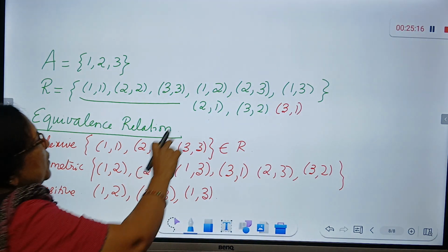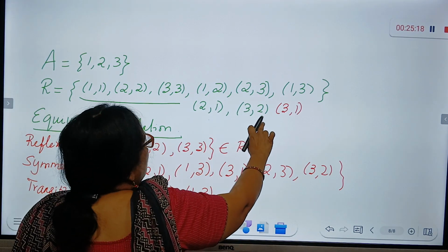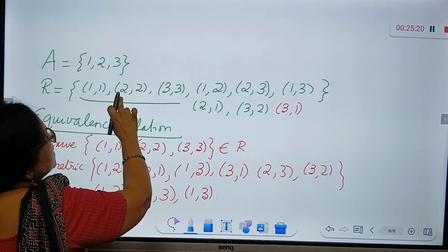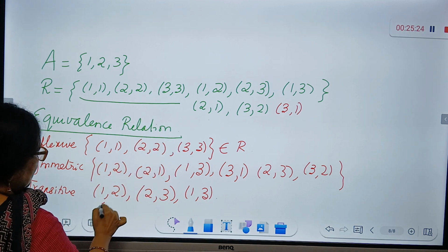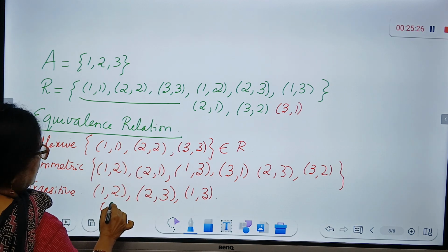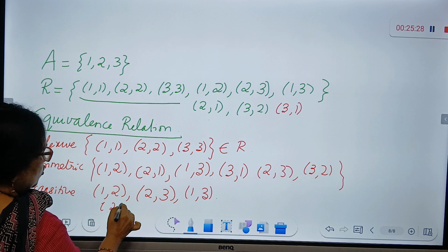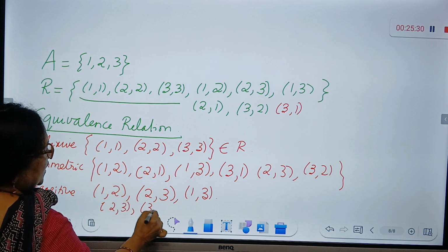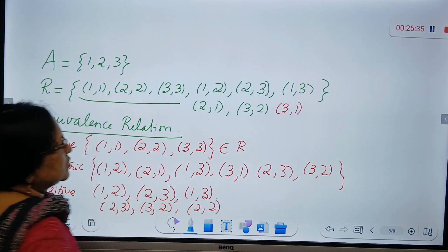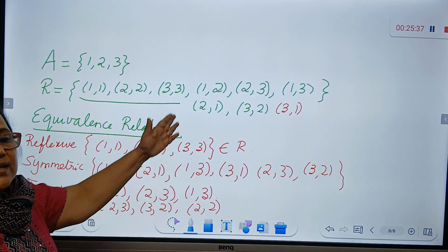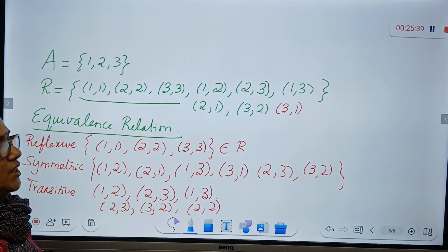Okay, then 2 comma 3 belongs to R and 3 comma 2 belongs to R. Does it imply 2 comma 2 belongs to R? Yes. So I'm just showing you some examples. 2 is related to 3, 3 is related to 2, implies 2 comma 2 also belongs to R. So this is an example of a transitive relation.